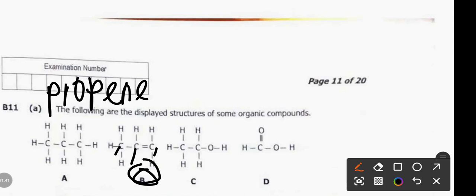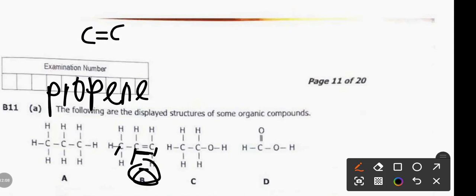Propene will undergo a type of polymerization called addition polymerization, where this carbon to carbon double bond will be broken so that other atoms can get attached to it, right? So what we'll have is this. First, let me draw the condensed formula of this propene here.